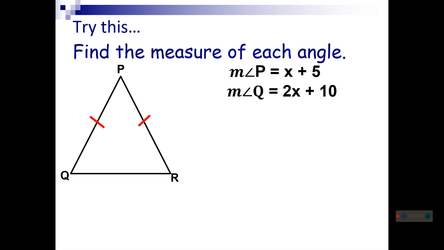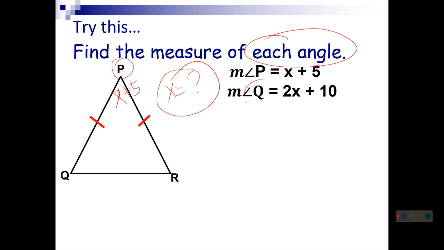So what is the measure of each angle? For you to solve this, you are going to find first the value of our x. So for you to have a clear vision of our given, we are going to put x plus 5 here for our P. And then for angle Q, we have here 2x plus 10.